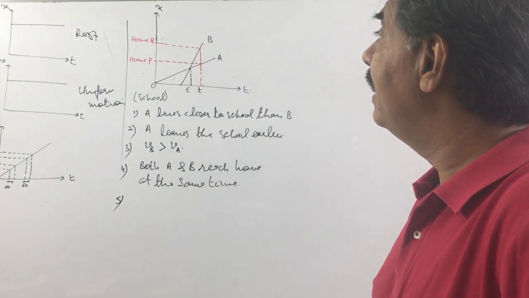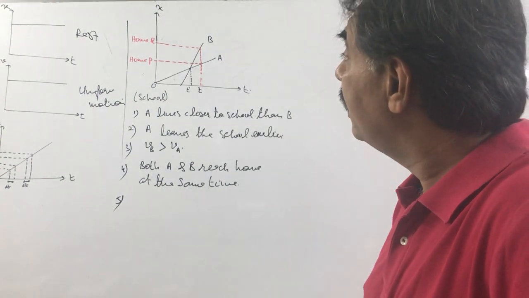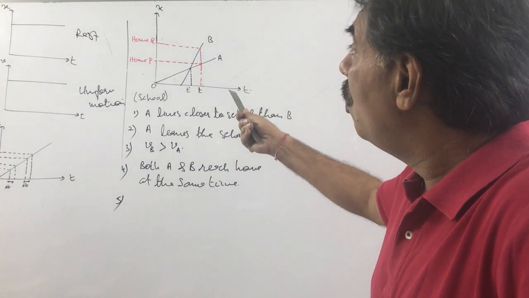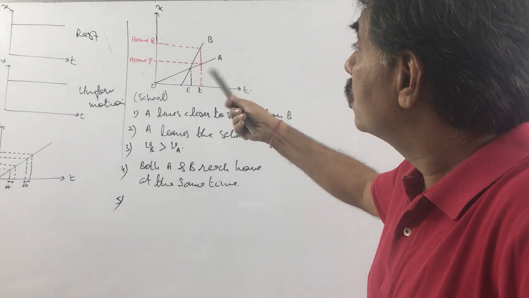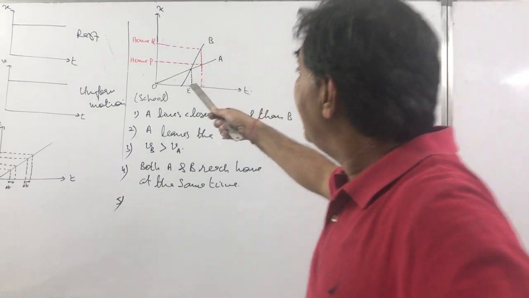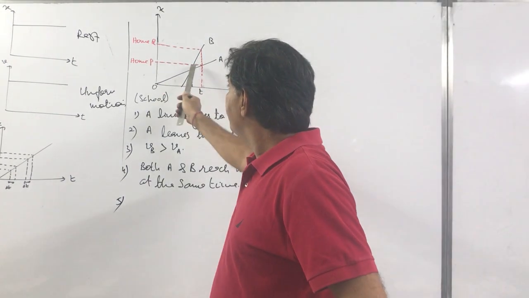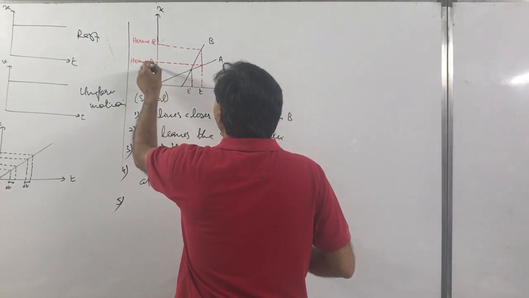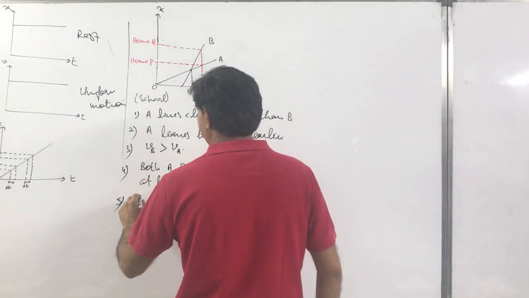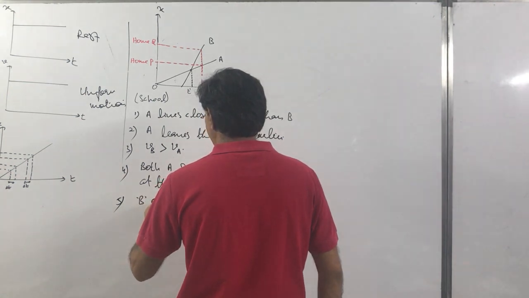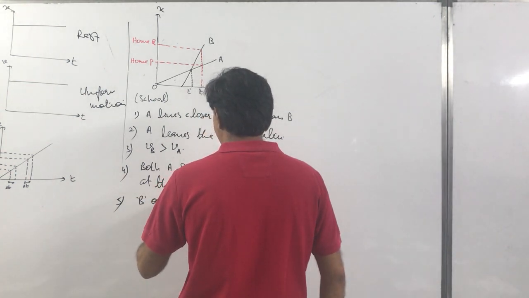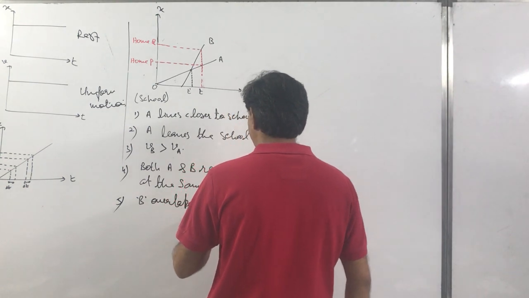B started a little later, but faster. After a time T dash, B overtakes A, because the positions XA and XB are the same at this time. B overtakes A once.